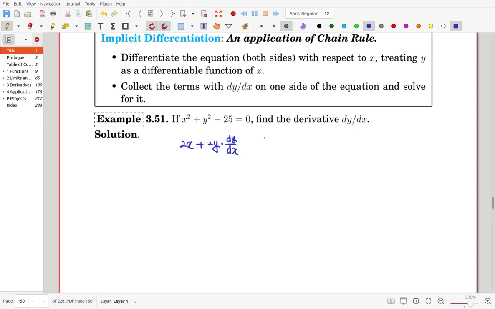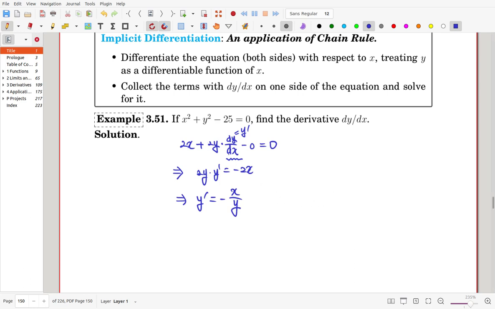Then minus 25 becomes 0, and the right-hand side is 0 again. So we have to solve for dy over dx. Later on we'll use y prime as notation for this. Now we can rewrite this as 2y y prime equals minus 2x, by moving this to the other side, so that we get y prime equals minus x over y. So that's the final answer.